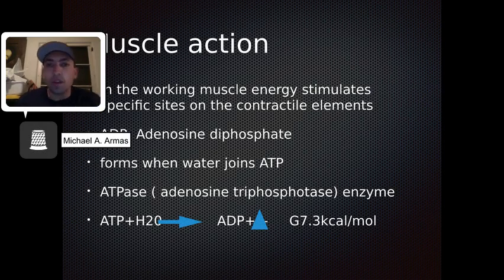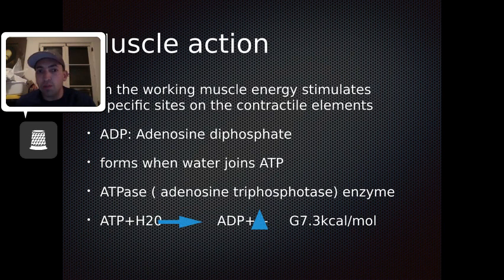So one of the things we want to talk about when we're talking about ATP is muscle actions. On a working muscle, the energy stimulates specific sites on the contractile elements of the muscle, and there are certain reactions that take place in order that ATP is actually utilized. For example, when ATP combines with water, H2O, there's a reaction, and that leads to ADP plus inorganic phosphate.